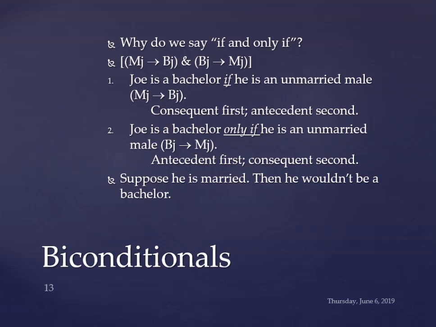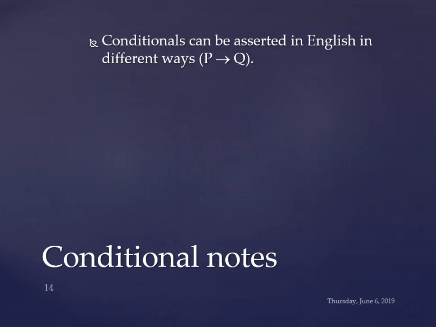There are different ways you can represent this in English. Conditionals can be asserted in English in a lot of different ways. Let's look at the old P arrow Q. You can say that in the traditional way we've been talking about: if P is true, then Q is true. That's a way of stating in English that P is sufficient for Q. The antecedent is mentioned first there.